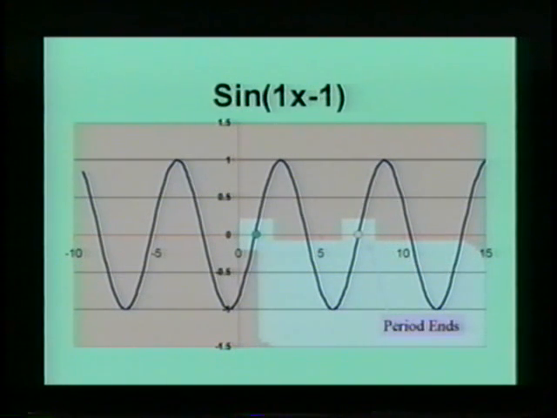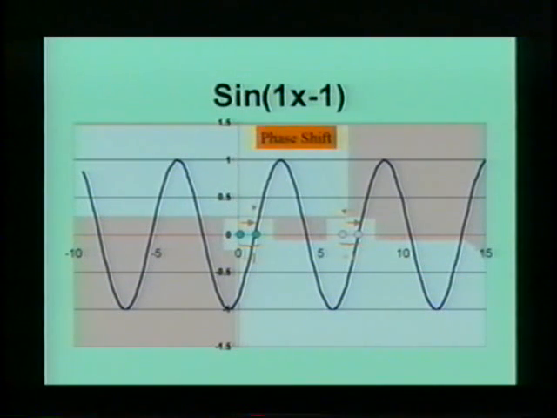That's where the period is ending. Normally it starts at 0, and it's moved over a little bit. That moving over, in this case, of +1 in the right direction, is called the phase shift. Okay?